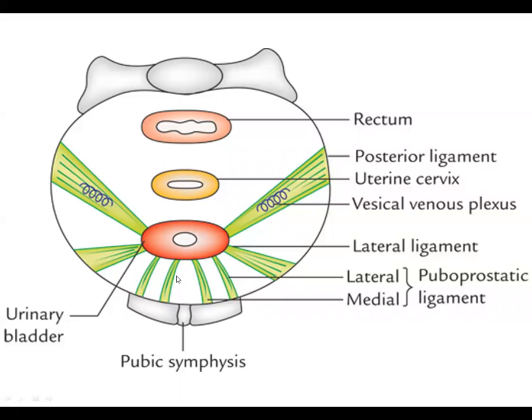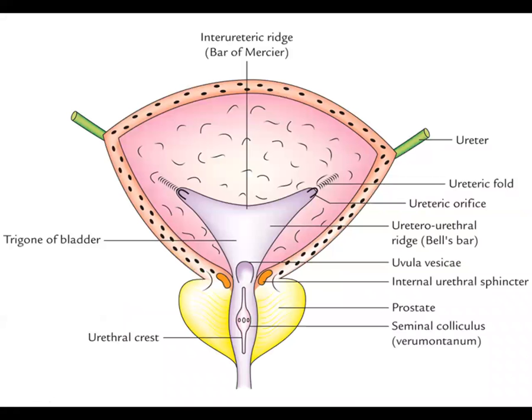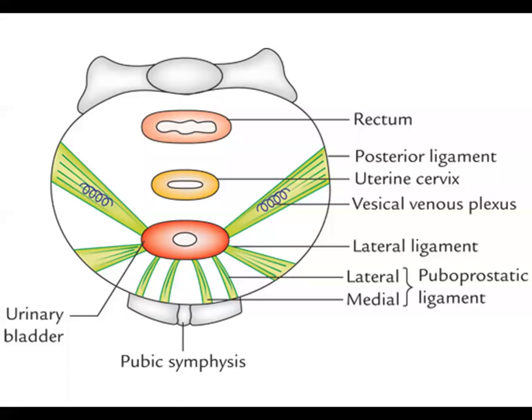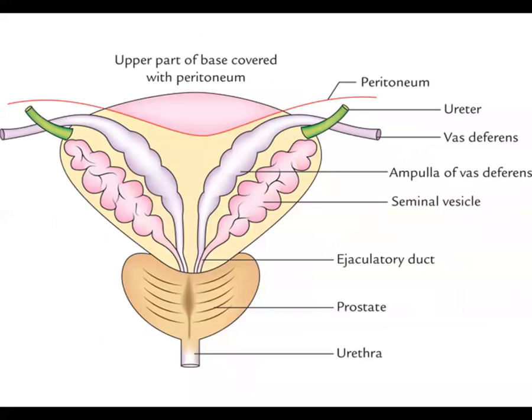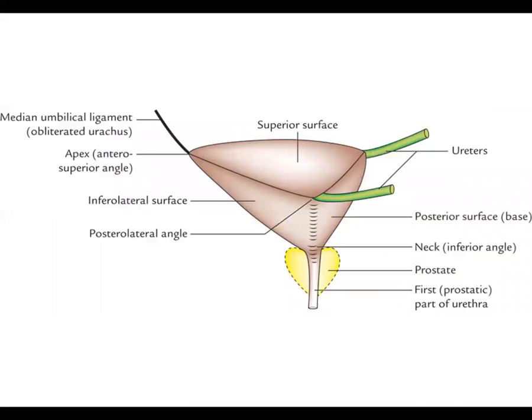Now there is one more type, the false ligament, which is actually not a ligament but just a fold of peritoneum. The false ligaments are the median umbilical ligament, which we have already seen here. The median umbilical ligament is attached from the apex of the urinary bladder to the umbilicus, and it is nothing but a fold of peritoneum.